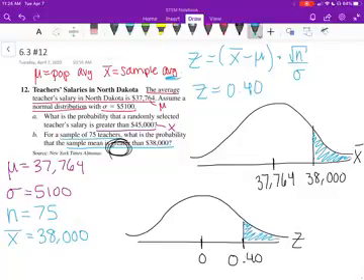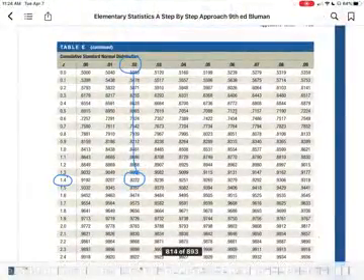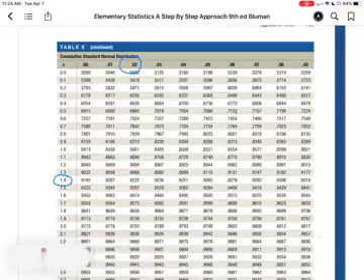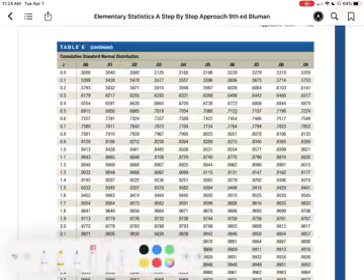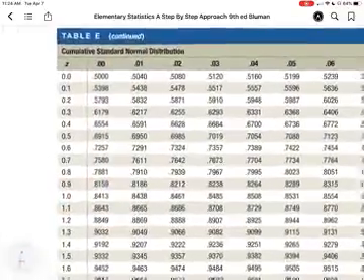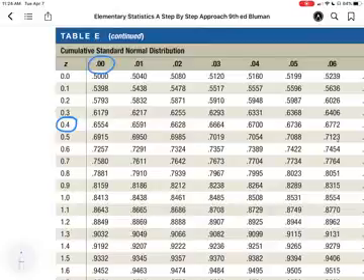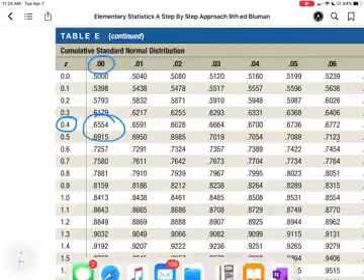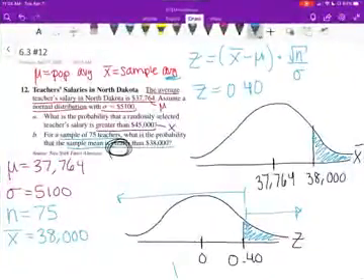And since we want the area to the right, when we look up at our chart, it only gives us the area to the left. So let's look up 0.4. 0.4 is positive. So we go to 0.4 and 0. So 0.6554 is the area to the left.